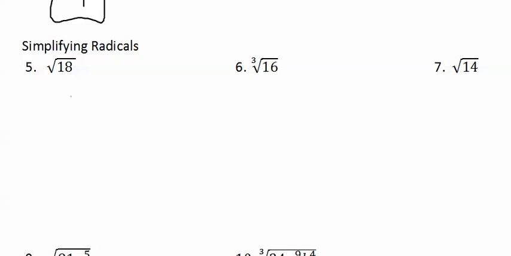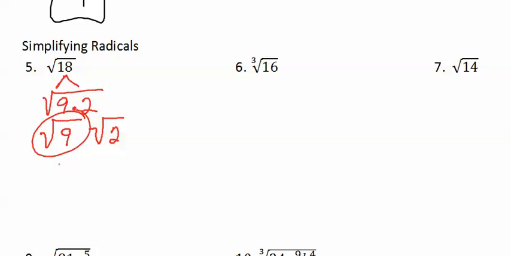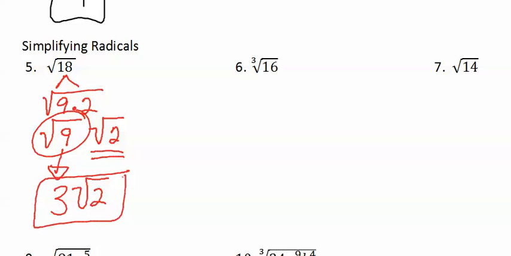Now, if you look at square root of 18, it's a little bit different than either of those. 18 isn't a perfect square, but it can be rewritten as 9 times 2. And if I split that apart, it can be written as square root of 9 times square root of 2. And square root of 9 is a perfect square. So I can make that into 3, but I can't do anything with the 2, so I leave that underneath the radical. And I'm left with 3 square root of 2.